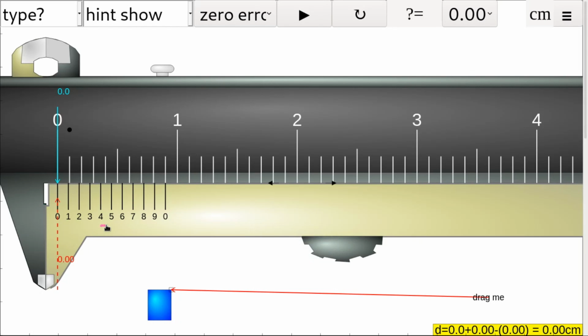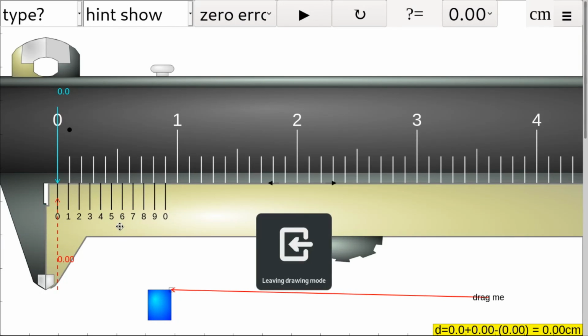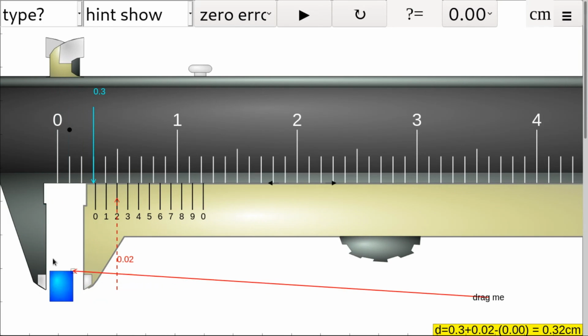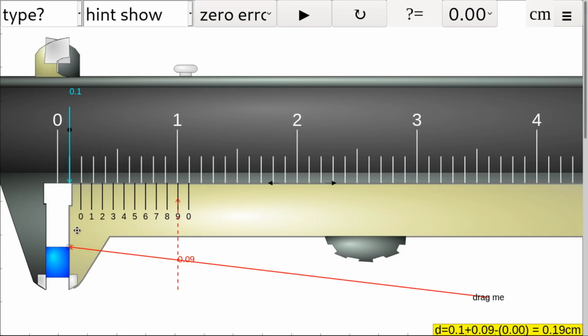Now I will shift this jaw and put this device in between these two jaws, and this is the screw, used to tighten after fixing the part in between these two jaws.